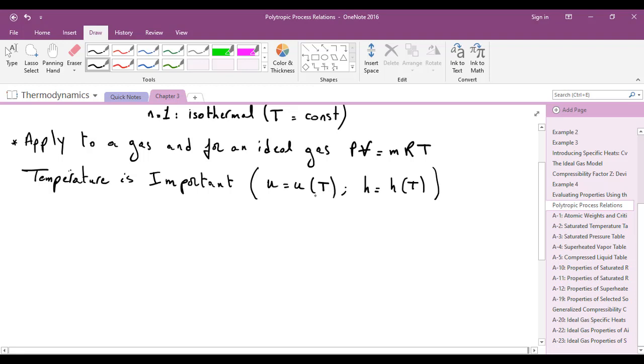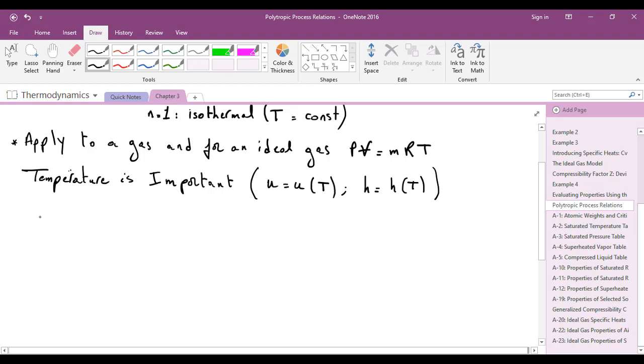So we want to relate the temperature to the pressure and the temperature to the volume. So if the pressure varies, we can know how the temperature will vary, and if the volume varies in a polytropic process, how the temperature will also vary.